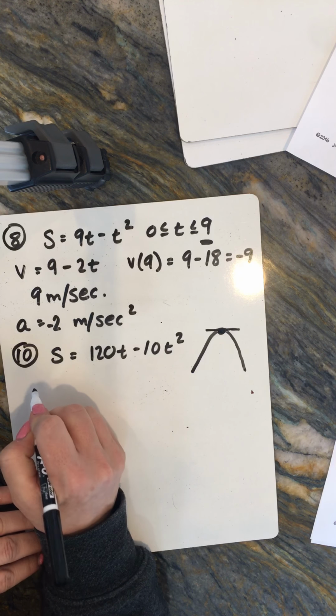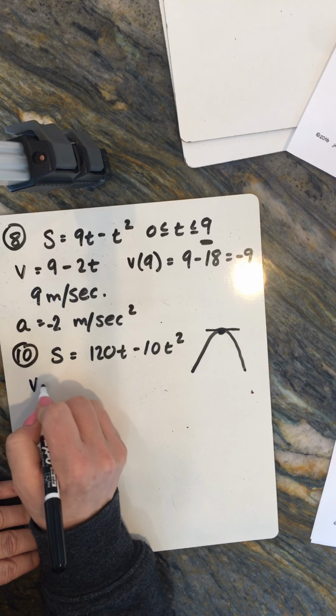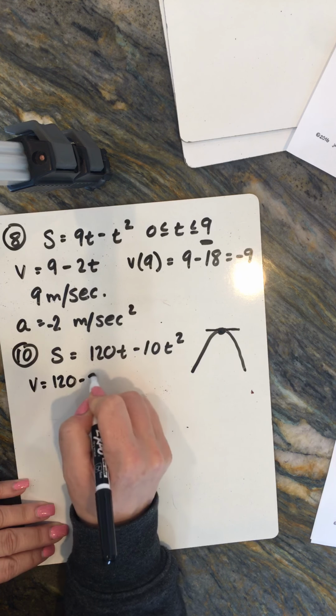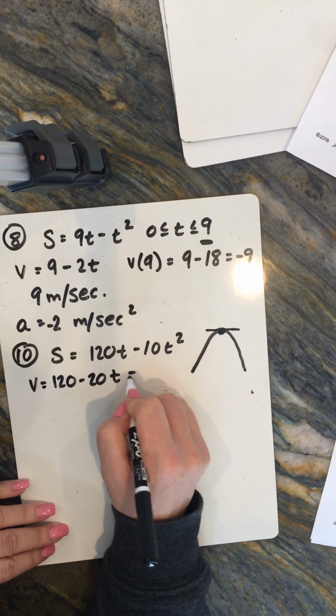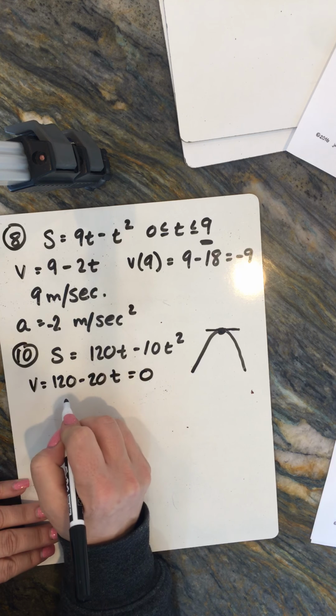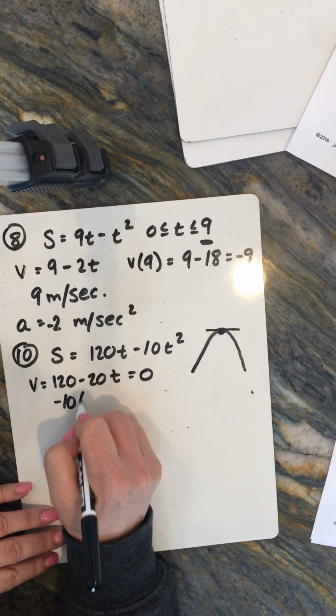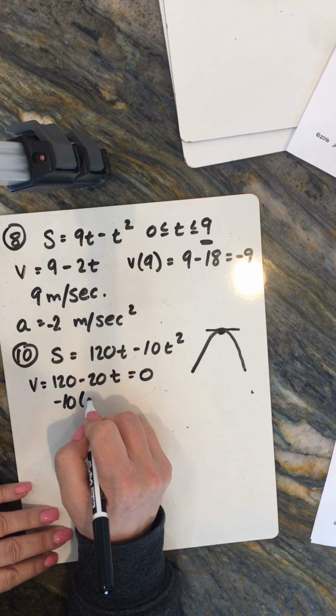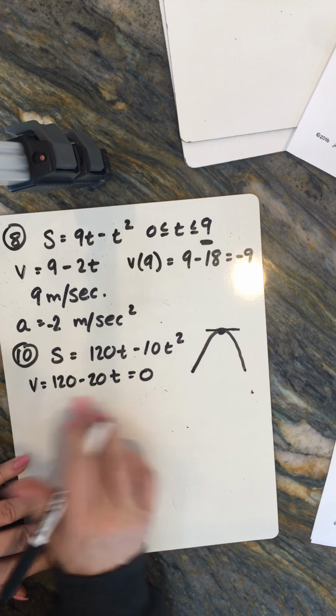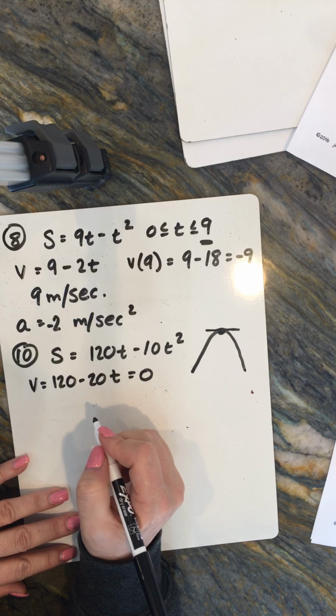So let's find the velocity, or the derivative. So 120 minus 20t. Set that guy equal to 0. We can factor a negative 10 out. Just kidding. Don't factor a negative 10 out. Factor out a 20.